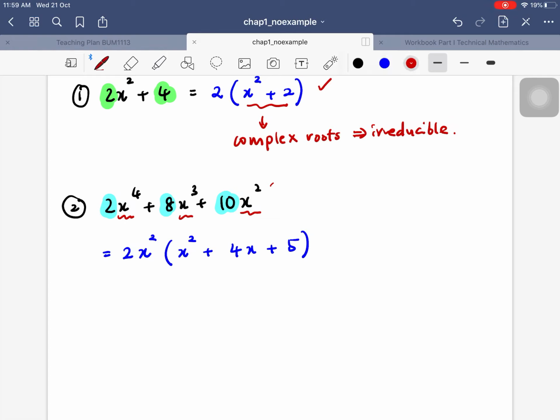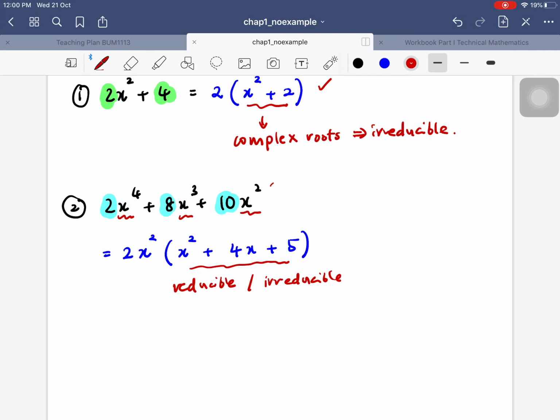Again, it's going to be the same deal. For this one I have to check whether it's reducible or irreducible. I think this one is irreducible, so let me check that first. Use your calculator to check that. Here my value of a is going to equal 1, b is going to equal 4, and c is going to equal 5.